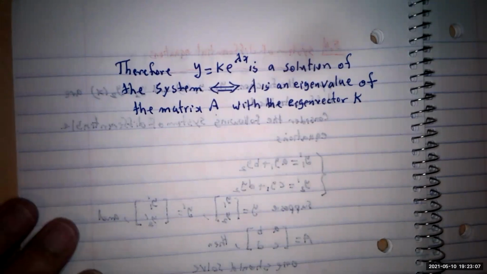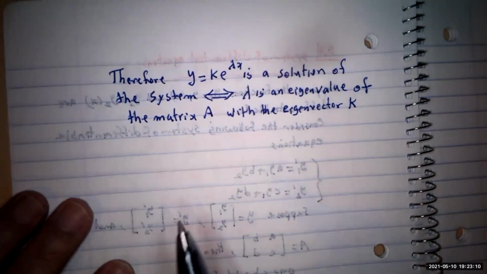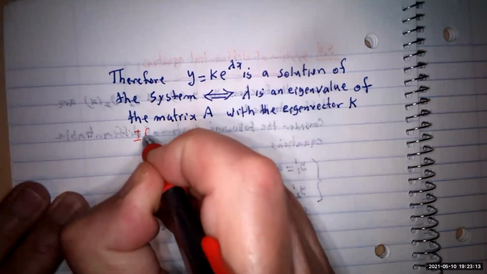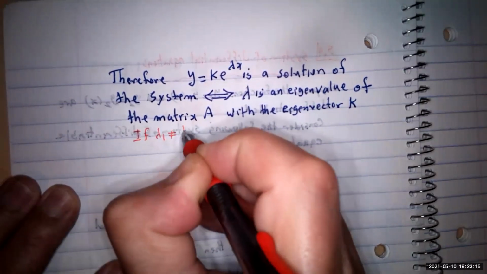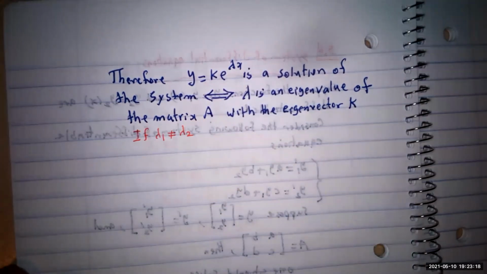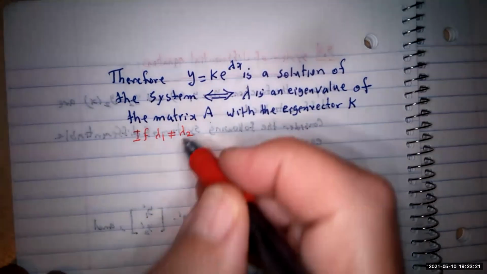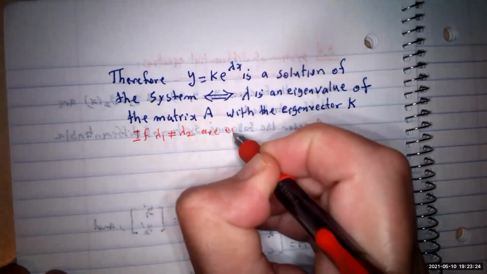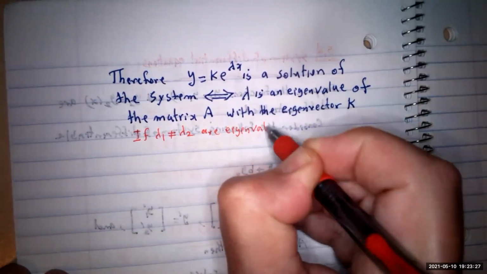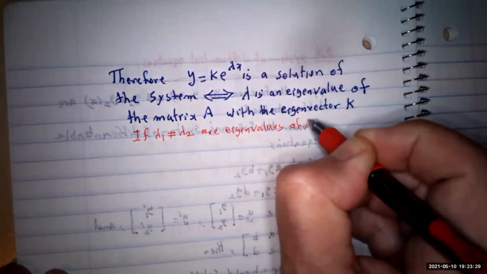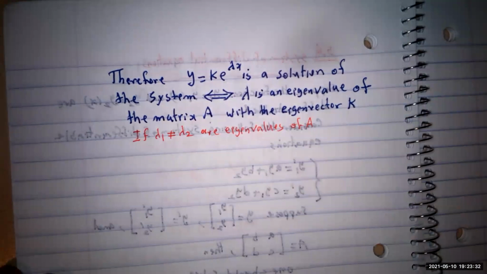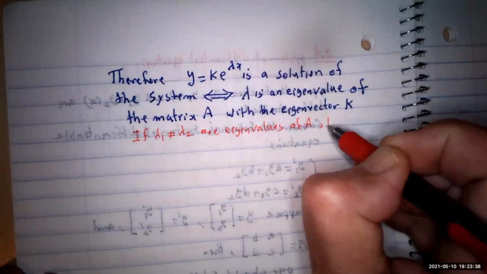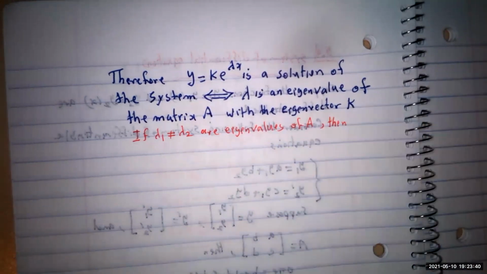So if they are distinct, if lambda 1 is not equal to lambda 2, and they are eigenvalues of A, then each of these, e to the lambda 1 x and e to the lambda 2 x, is a solution of the equation.